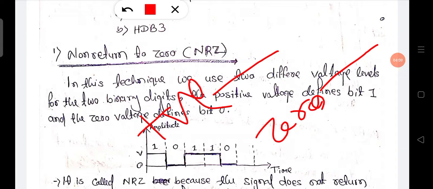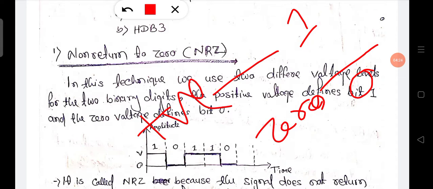And the positive level is referred to binary 1, and the zero voltage level is referred to binary 0. Okay. This is the main concept, or main formula, of this conversion.